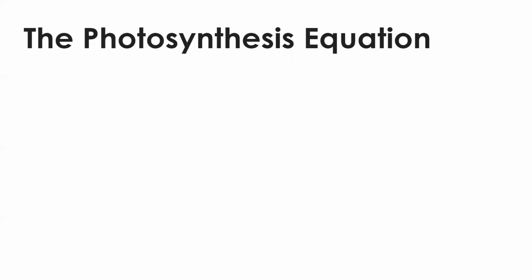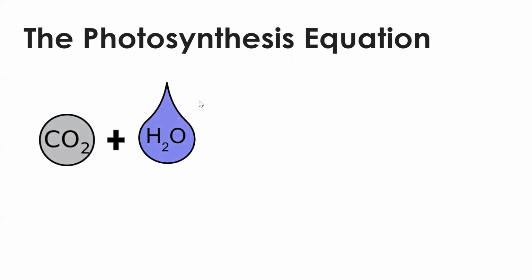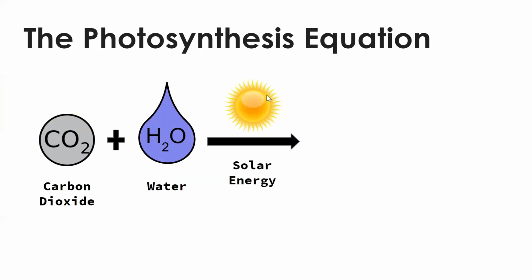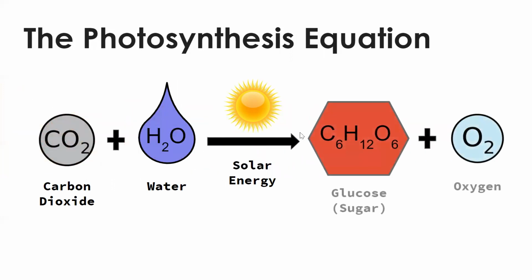The products are what's made from the process. So plants need carbon dioxide or CO2 and H2O or water and sunlight or solar energy to yield, that's what that arrow means, to yield or make glucose, which is sugar, and oxygen.